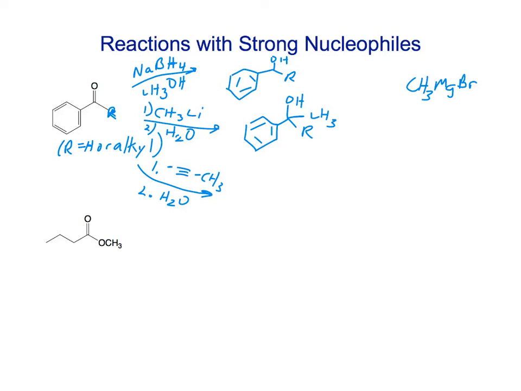We can get carboxylic acids from alkynes if we do that oxidative cleavage. But in this case, the acetylide anion is just acting as another carbon nucleophile. So it's just going to give an alcohol, but that alcohol is going to have an alkyne attached to it. And so we have this R group.